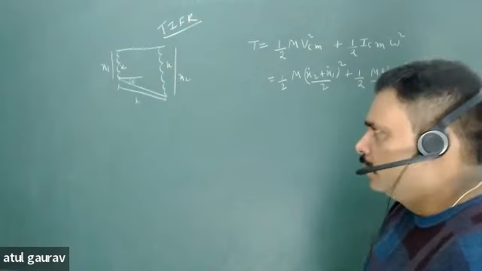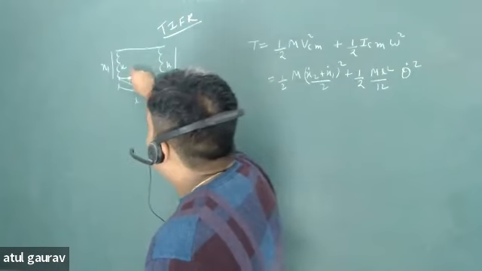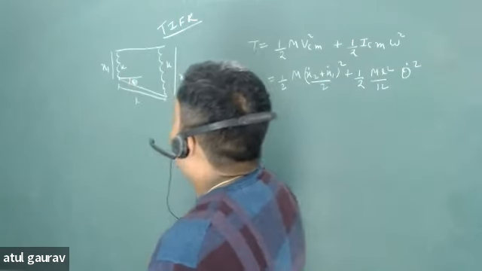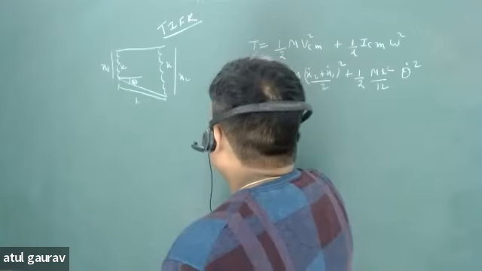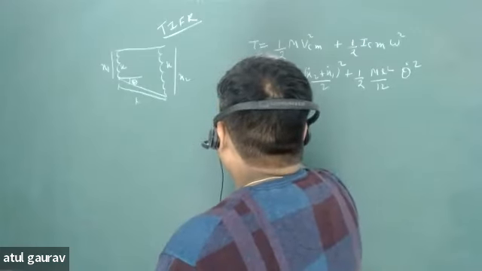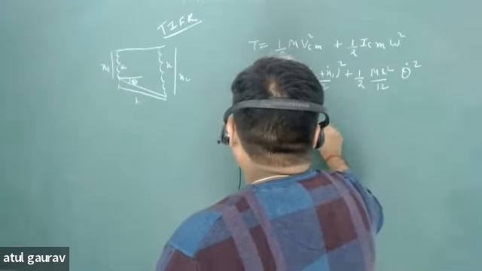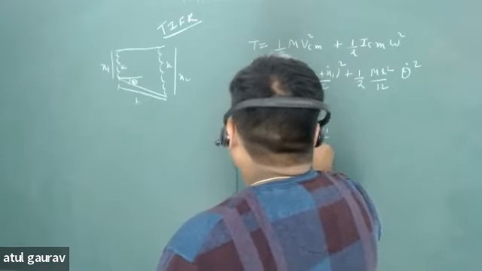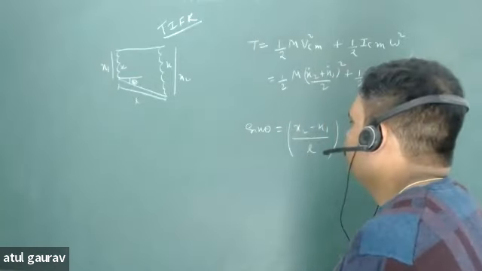Constraint equation. Obviously, what will be the constraint equation? So this angle can be written as theta. So can I write sin theta is equal to (x2 minus x1) by L? लिख सकते क्या? Yes, sir. है ना?